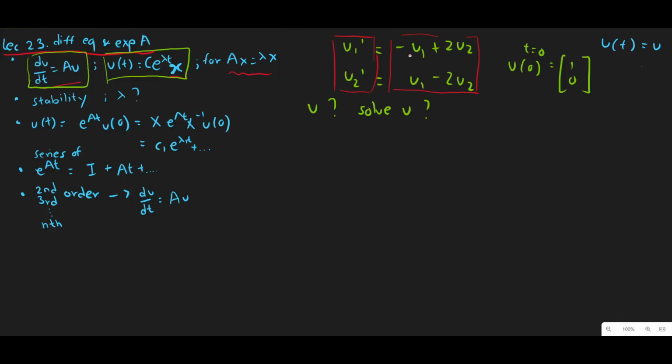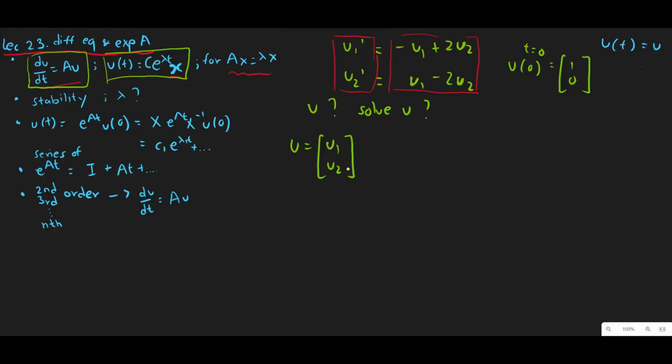Then you see that we have u1 and u2 here, so let's create a vector u, which is u1 and u2. So a system that has two functions of t that depend on itself and the other. I'm sorry, my u kind of looks like v here, but we are not discussing v at all.